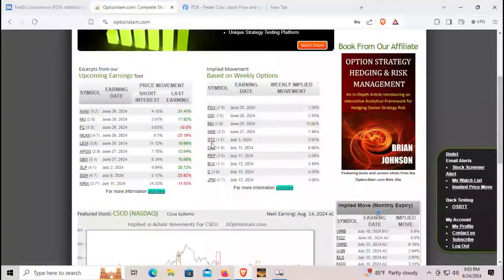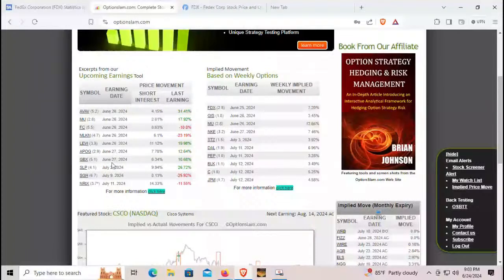I think the one before 4th of July is STZ, Constellation. And then after that, we have Delta, Pepsi, BlackRock, Citi. The banks start through the summer. We have some upcoming earnings.